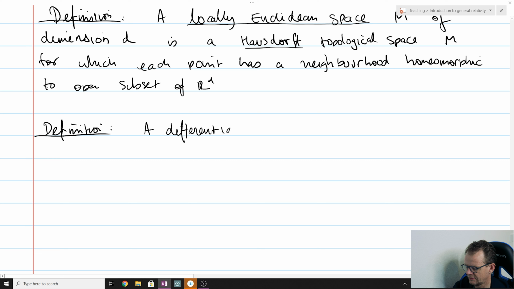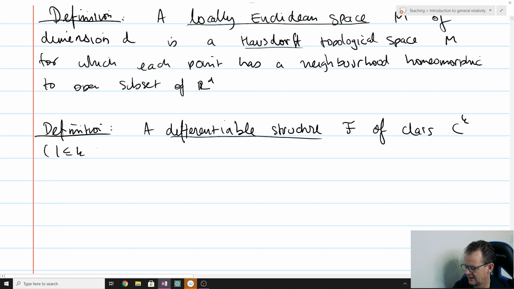So the next layer of structure that we add on is the notion of a differentiable structure, calligraphic F. So a differentiable structure F of class CK, where 1 is less than or equal to k is less than or equal to infinity, on a locally Euclidean space M.